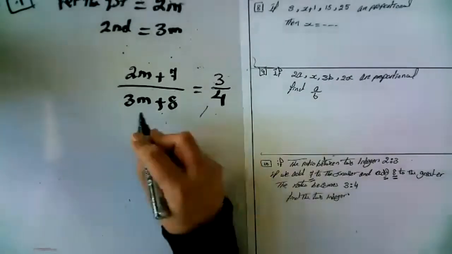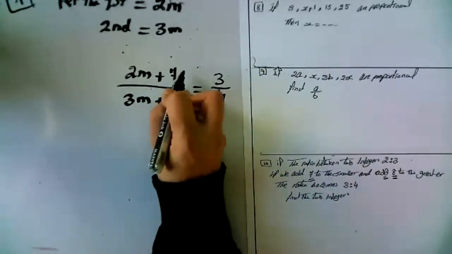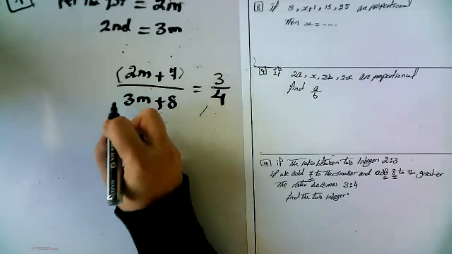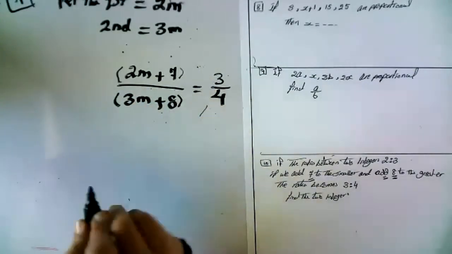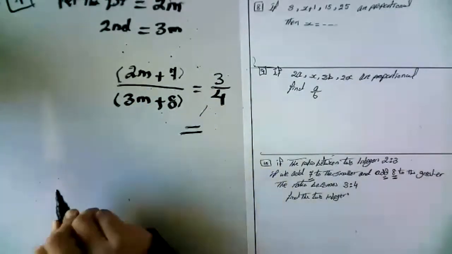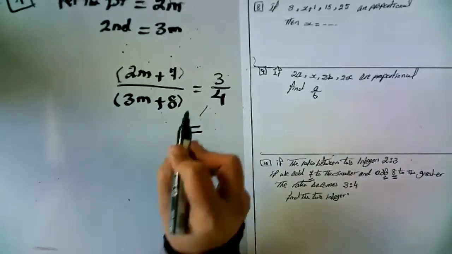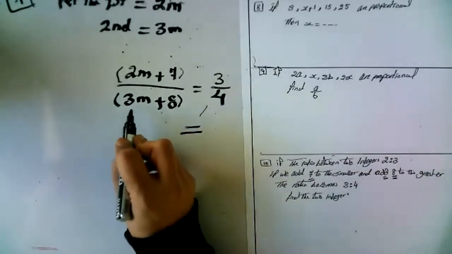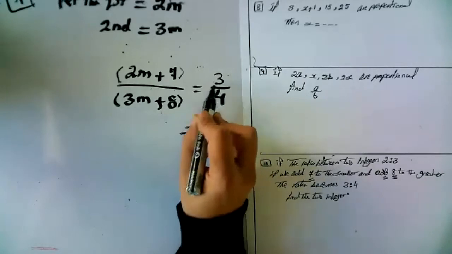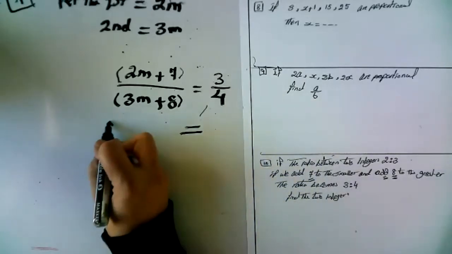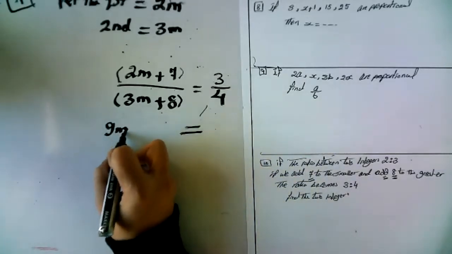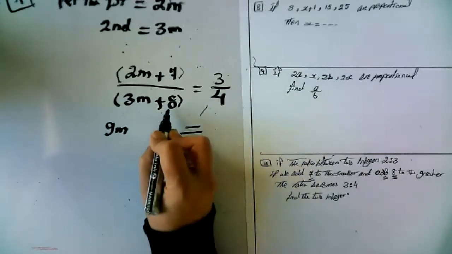By crossing these numbers, take care, cross multiplication. 3 times 3m plus 8, multiply 3 by 3m, and don't forget to multiply 3 by 8.